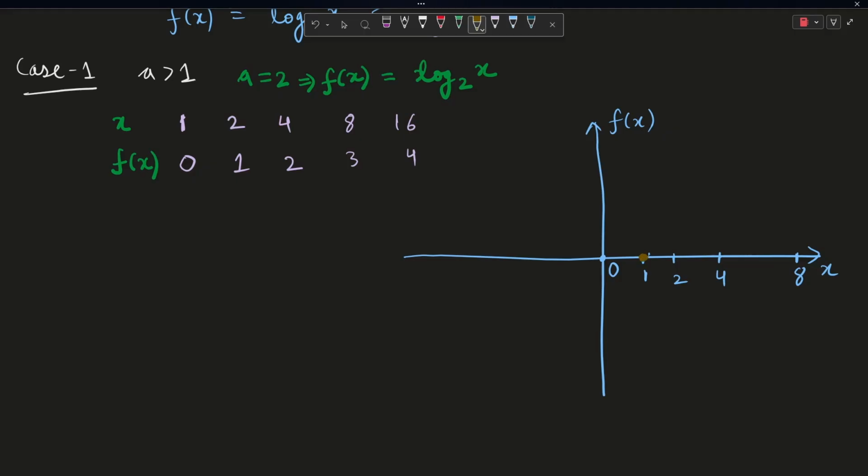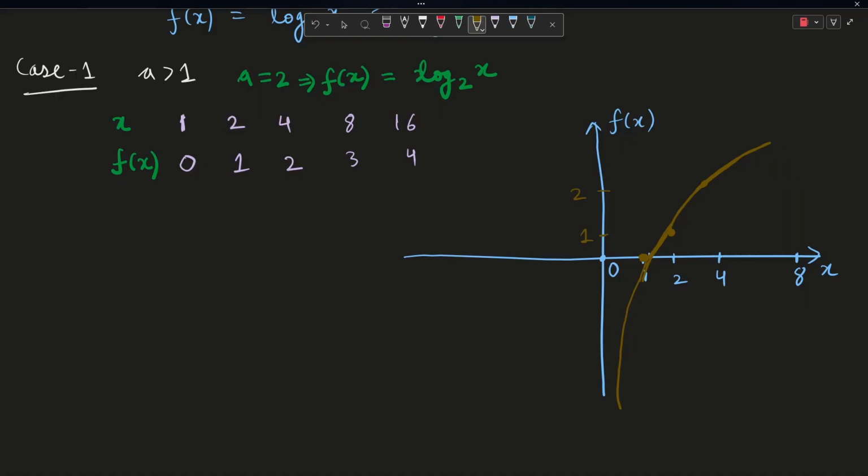That means it's obviously here, right? For x is equal to 2, the value of y will be at 1. So let's say this is 1, this is 2. So for x is equal to 4, the value of f of x will be at 2. So I can say that f of x will be here.